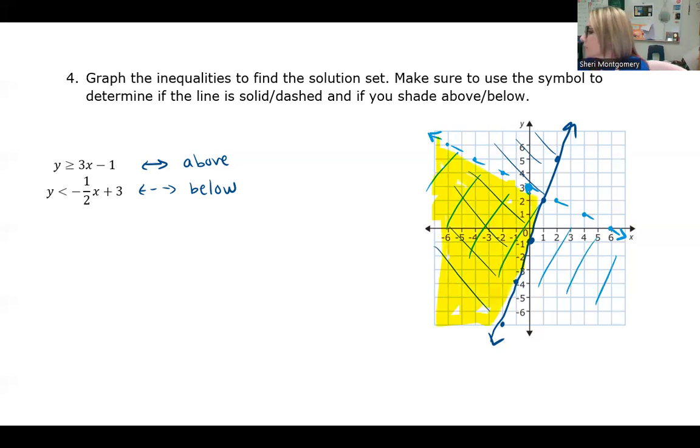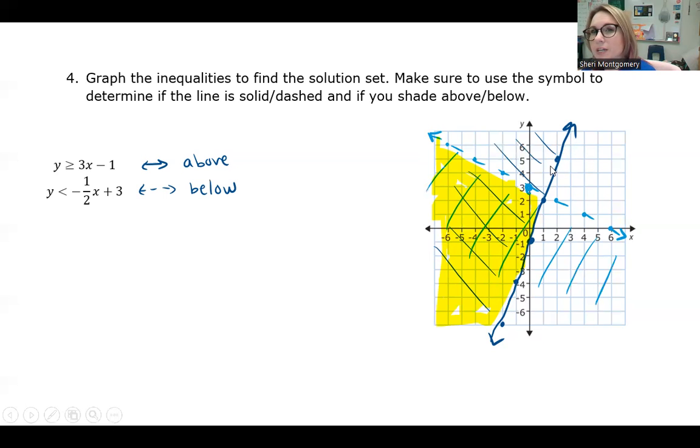There are also questions on your test where I give you a graph of a system of inequalities and I ask you what is part of the solution. And I can pretty much guarantee that I'm going to give you some points along a dashed line. Those are not part of the solution. I'm going to give you some points along the solid line. The solid line that borders the yellow part, those work. Those are part of your solution.